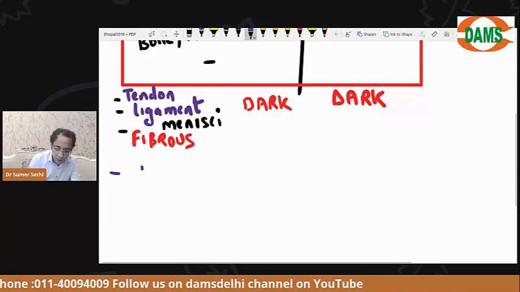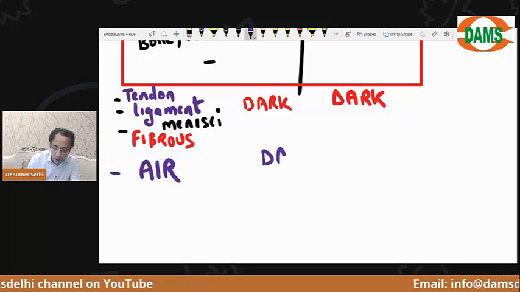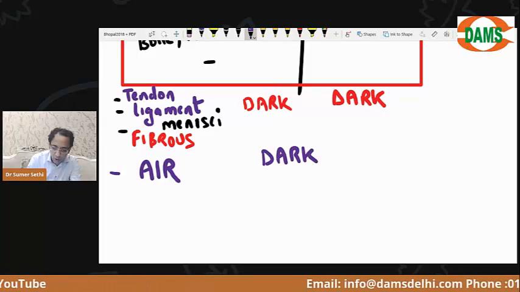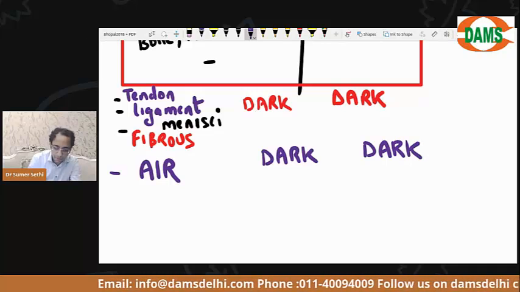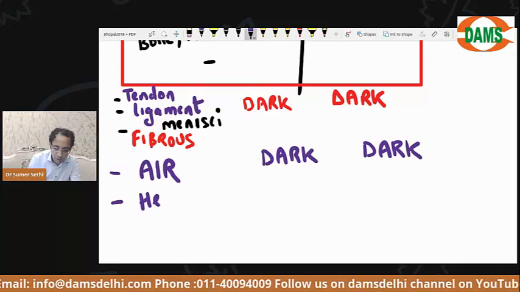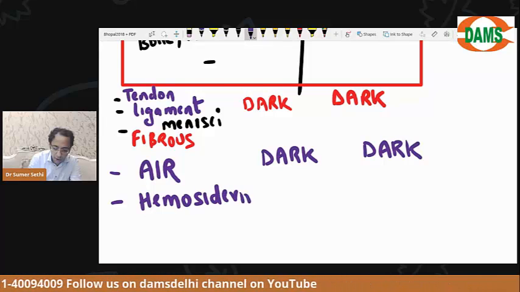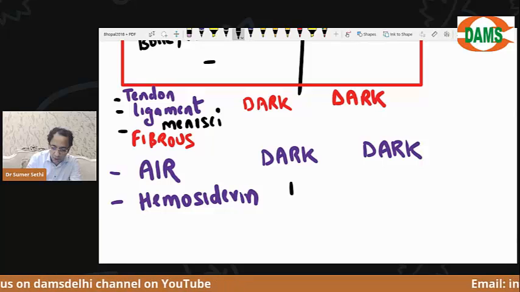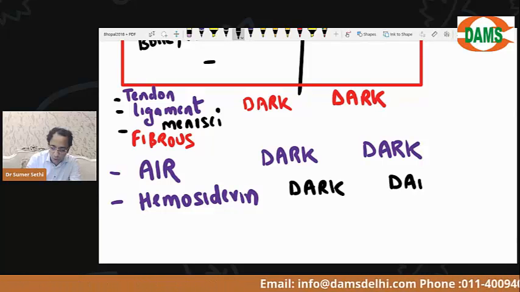But in addition to this, there are some confusing things. Air is also dark on both T1 and T2 weighted image. If you have a chronic hemorrhage leading to hemosiderin production, even that will appear dark on both T1 and T2 weighted image.